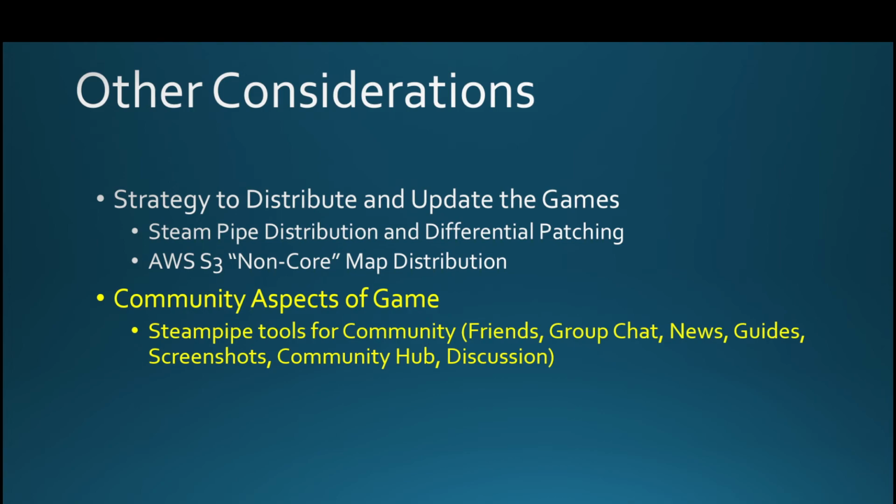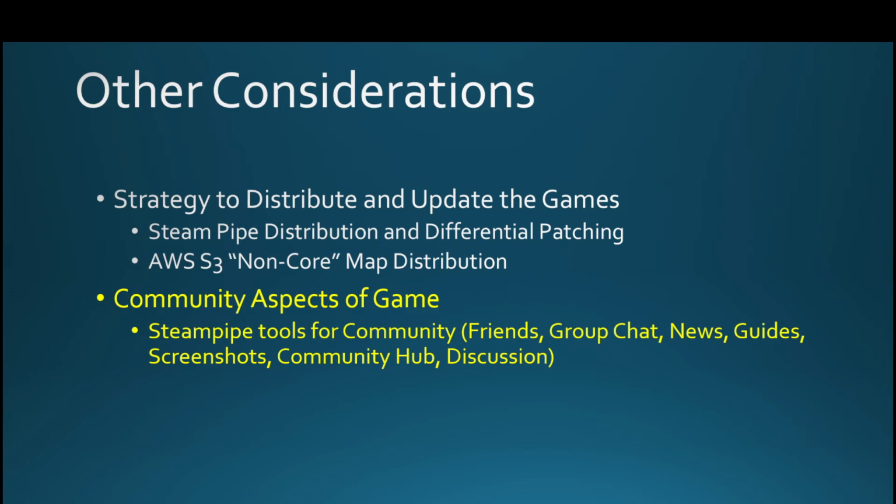There's a community aspect to the game, and what we're using is Steam pipe tools. You can get to them, like in most Steam games, with the Shift Tab key, and it gets you to friends, group chat, news, guides, screenshots, community hub, discussion forums, basically all the tools that you'll see in almost all Steam games.